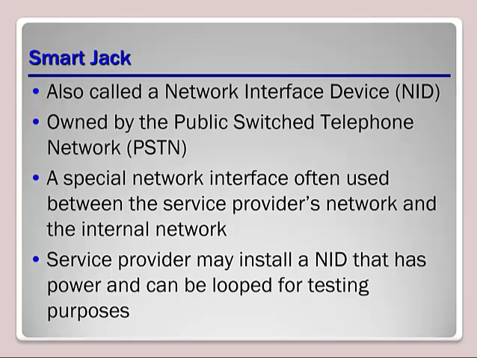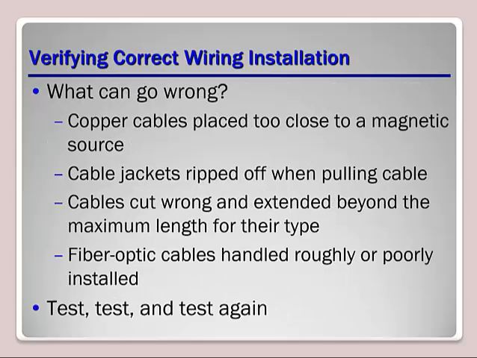So moving on, the next section is verifying the correct wiring installation. Some issues you can deal with when wiring networks are copper cables placed too close to a magnetic source, or cable jackets being ripped when pulling the cables through the plenum areas.